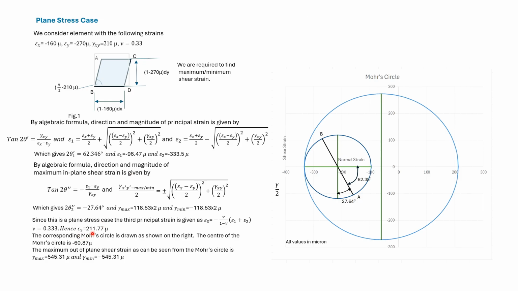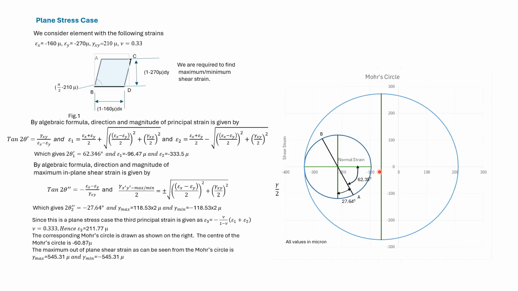We have found out epsilon-3, so we can plot epsilon-3. Diameter of this out-of-plane Mohr circle will be epsilon-3 minus epsilon-2. The center of this Mohr circle will be epsilon-3 minus half of the diameter, which we get as -60.87.